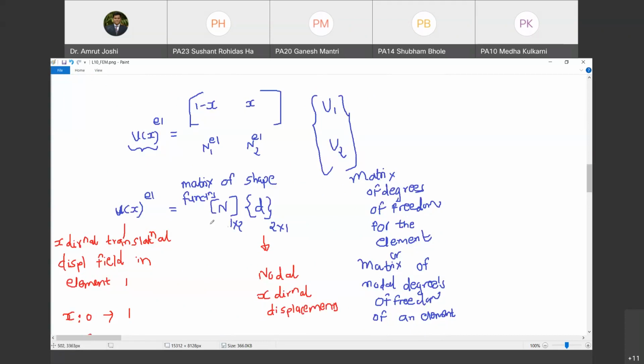This relationship comes into existence through the matrix of shape functions. That's what we have to understand. Is everyone clear about this? Please type your response in the chat box. I am waiting for the response, then I will go ahead.